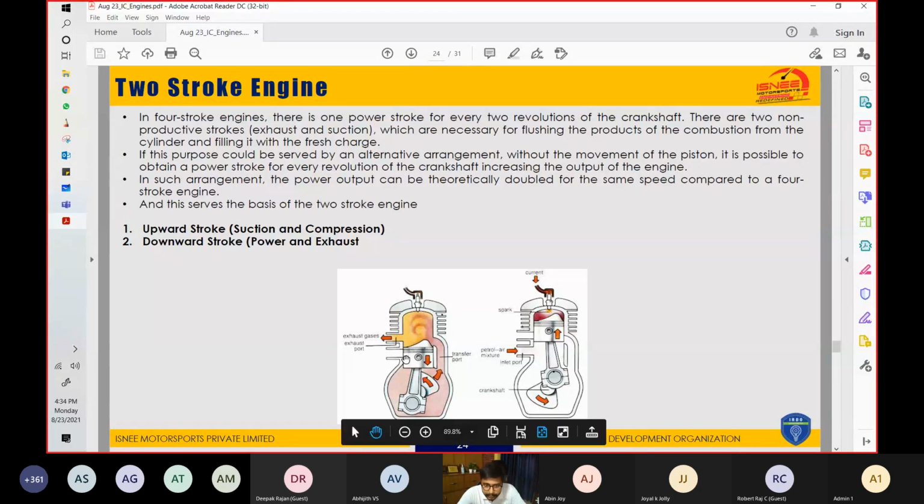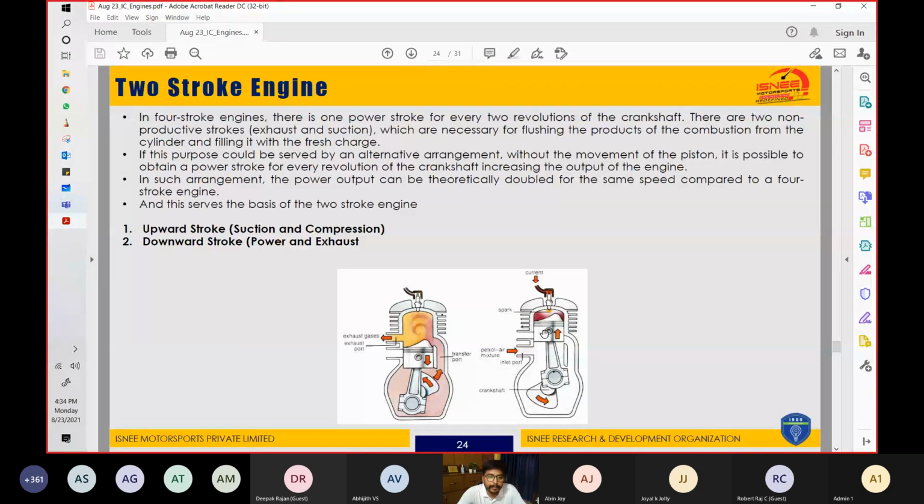You see the piston over here. At this point in time, the intake manifold is closed just by the piston itself. And as soon as the piston travels up in the second diagram, you will see that the exhaust manifold is uncovered by the piston.